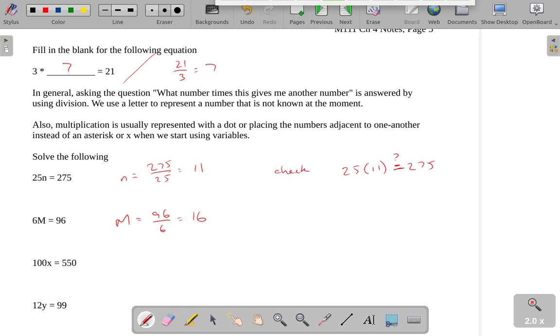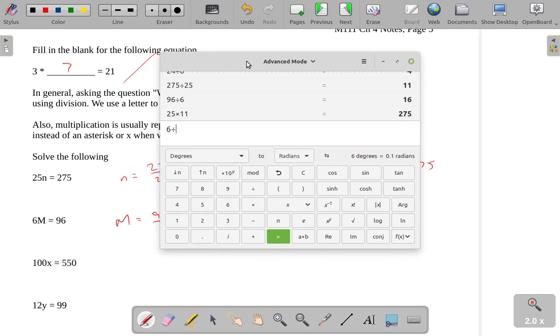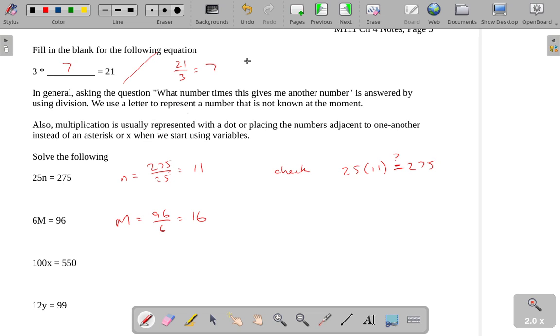And the other one, this one here, I have 6 times 16. 6 times 16 gives me 96. So I can check this by saying that 6 times 16 equals 96. And I just do a check mark after I verify that.